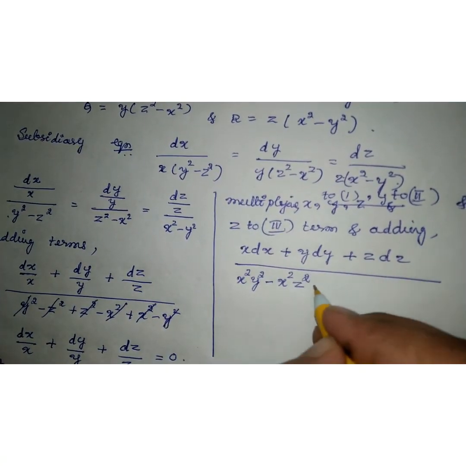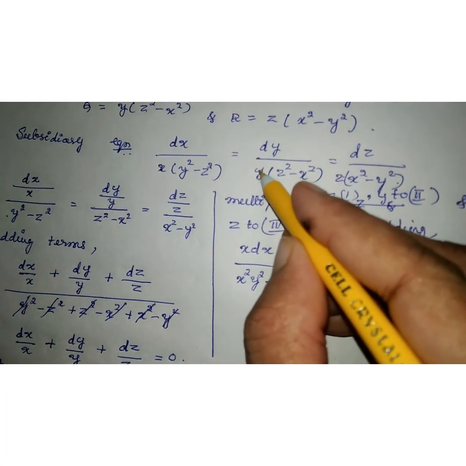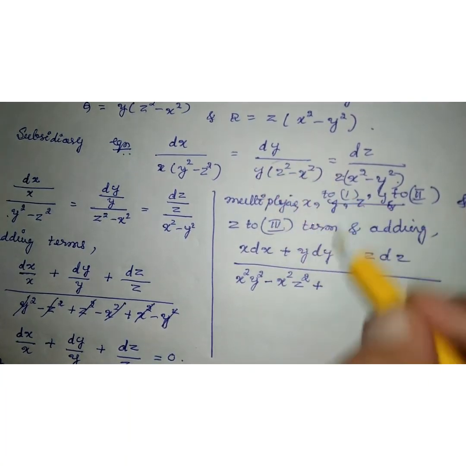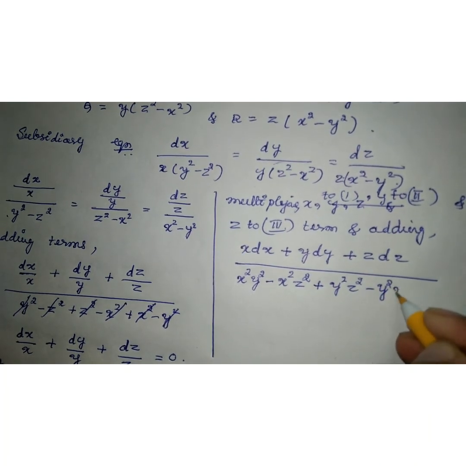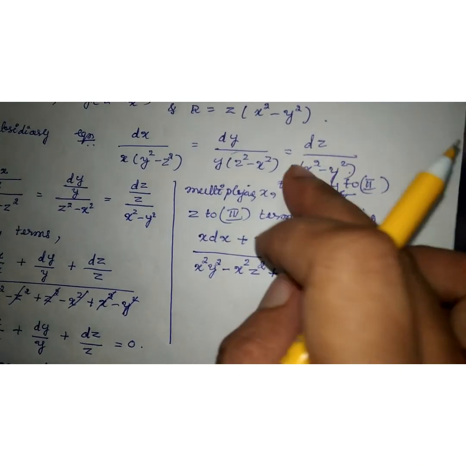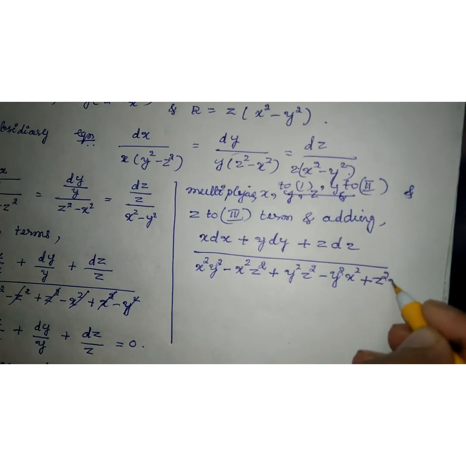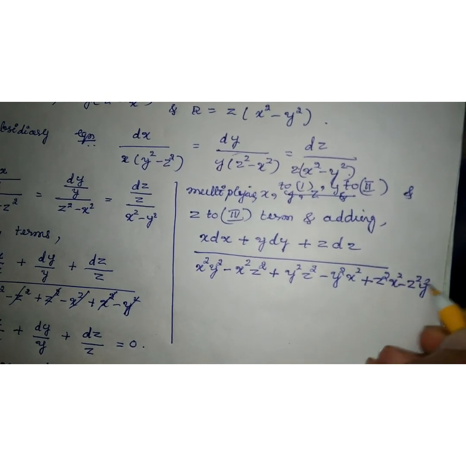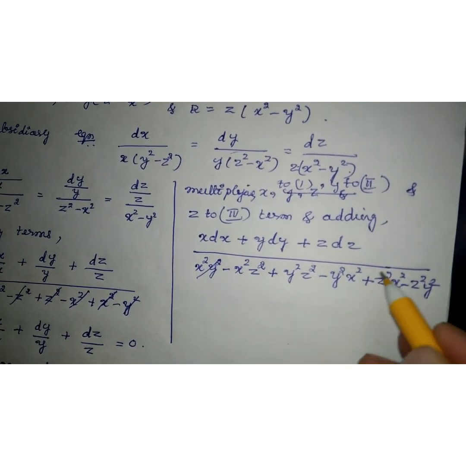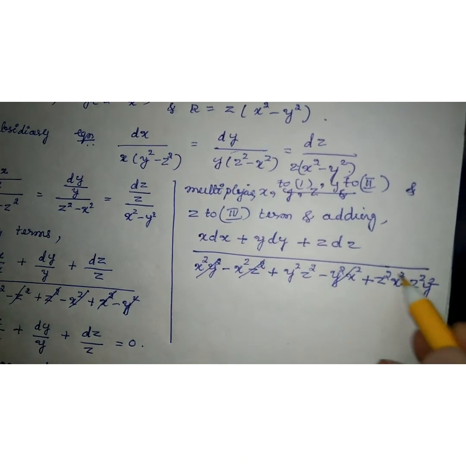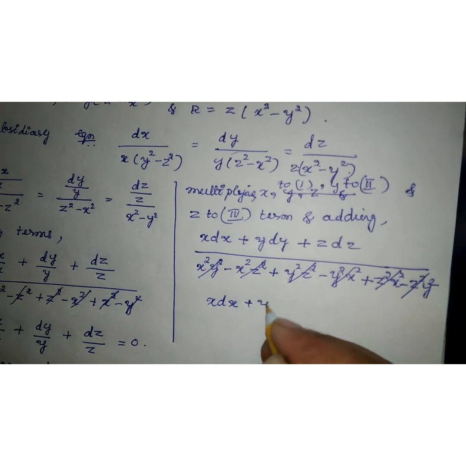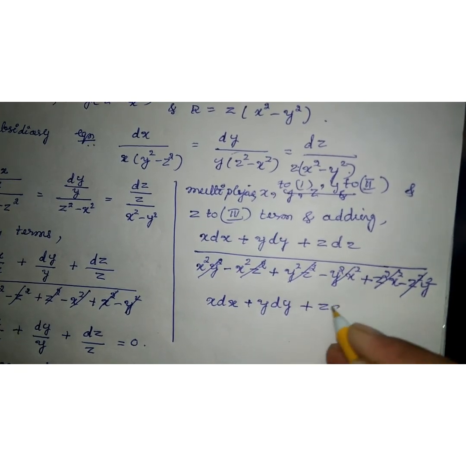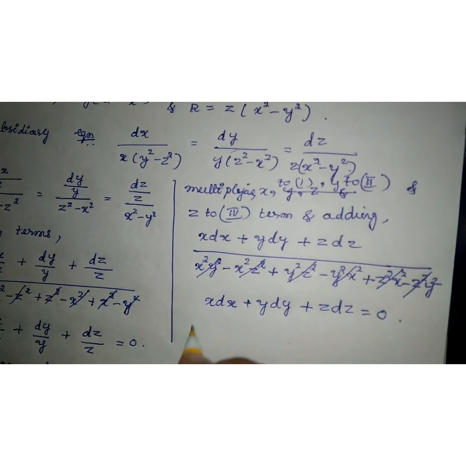I am writing it directly. Then multiplying y here, y square into z square minus y square into x square. Then multiplying z here, z square into x square minus z square into y square, where each term gets cancelled. So you get x dx plus y dy plus z dz equal to 0.